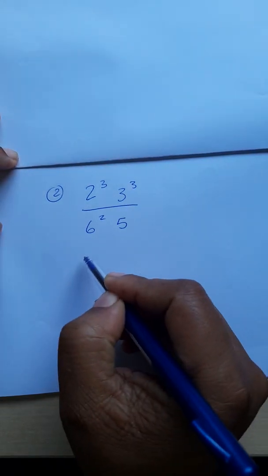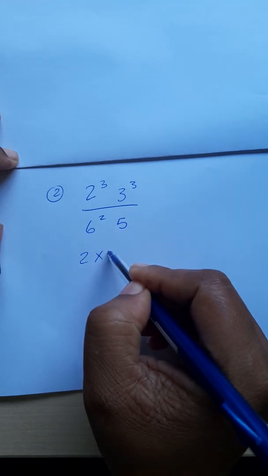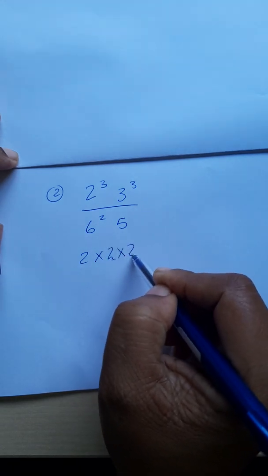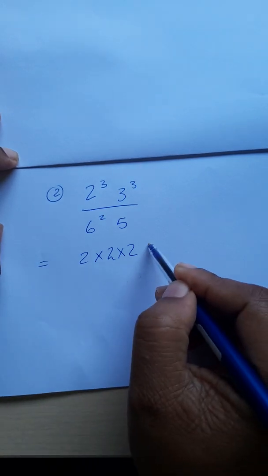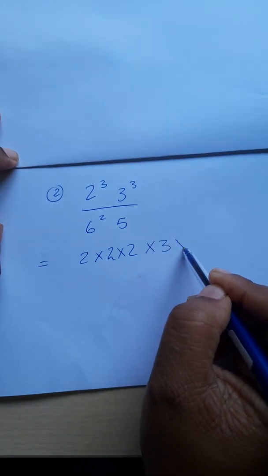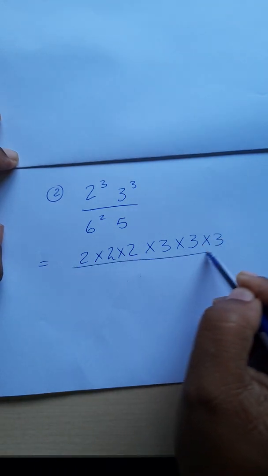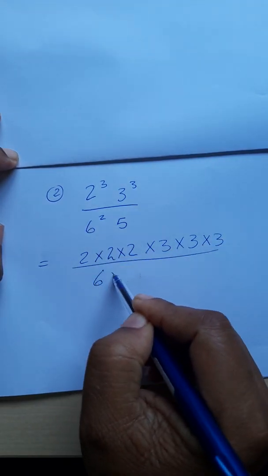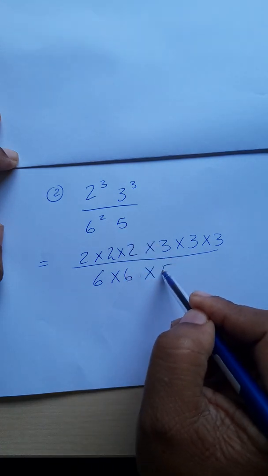In this one you start by expanding. You expand 2 to the power 3, and you expand 3 to be 3 to the power 3. This is the difference. And you expand 6 to the power 2, and you expand 5 to the power 1.